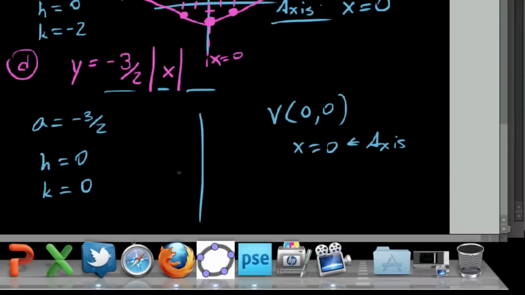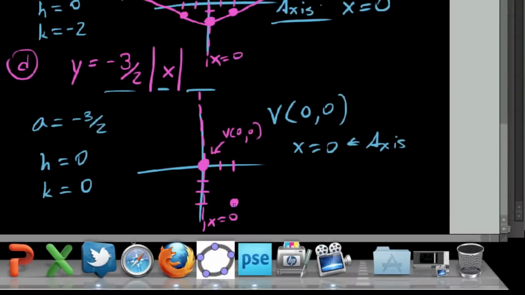Okay, so graphing this, we'll start at 0, 0. Axis of symmetry we said was x equals 0. If you can see that there, it runs through here, x equals 0. And then from the vertex, which we should be labeling, vertex 0, comma 0, we're going to go down 3, right 2. Just use that a value like a slope.